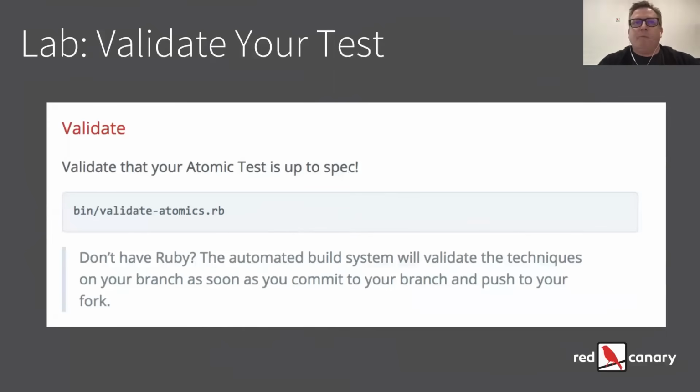But realize if you don't have Ruby on the system, the build, when you submit your request to GitHub, will do the validation for you. I just wanted to give you a chance to run the validation routine before you actually submit, so you can make sure everything conforms to the templates that we've created. That just makes things easier down the road, so you're not trying to troubleshoot a technique that has a bug or an extra tab or something that wasn't required. So this really helps us keep the integrity of Atomic.